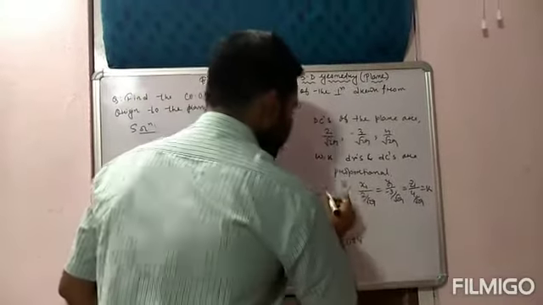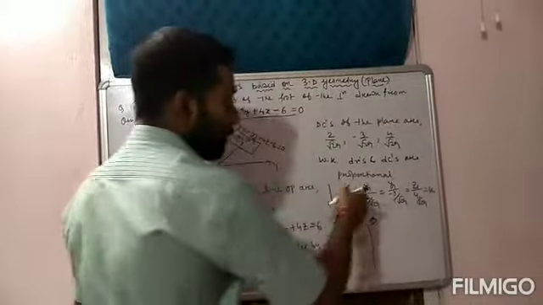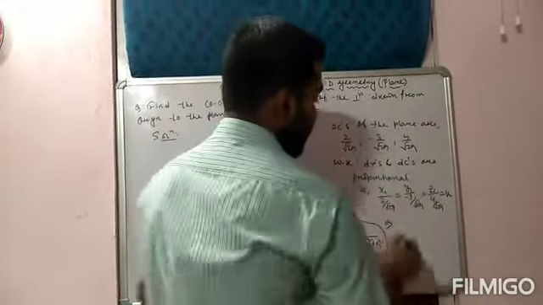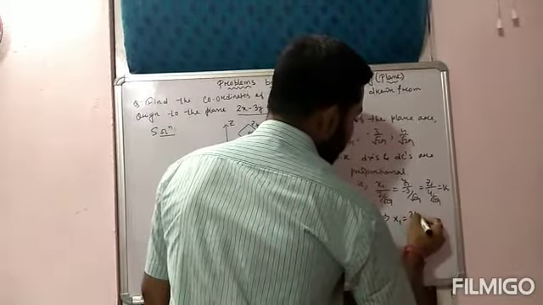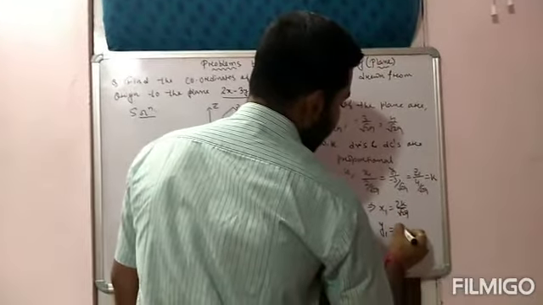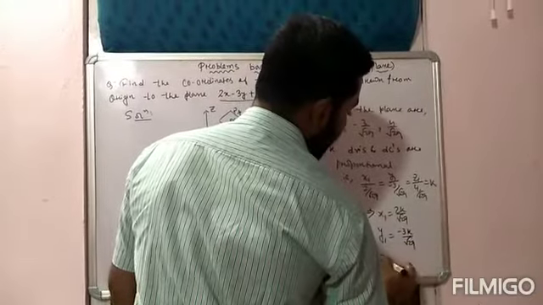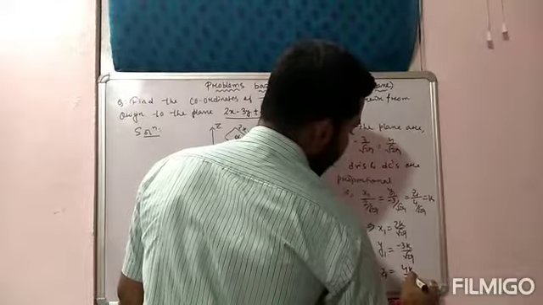Okay, since you have to find the values of x1, y1, z1, that's why you have to use this condition. So therefore we can write x1 is equal to 2k by root 29, y1 is equal to minus 3k by root 29, whereas z1 is equal to 4k by root 29.